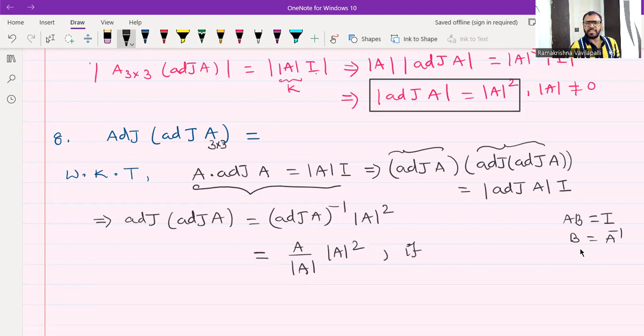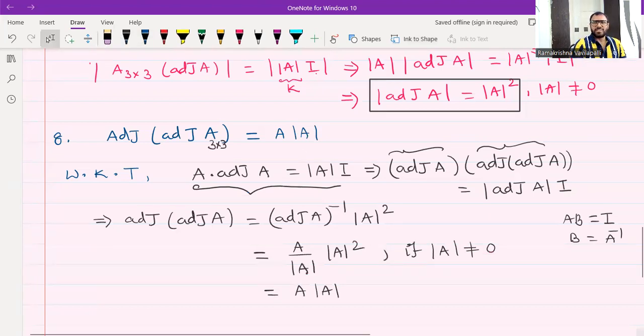If det A not equal to 0, then only inverse exists. So this is nothing but A into det A. So what is this now? A into det A. This is for 3 by 3 matrix.